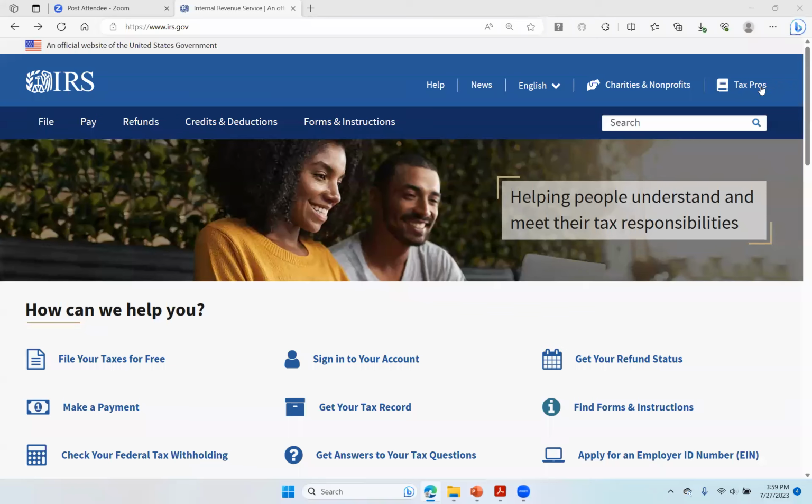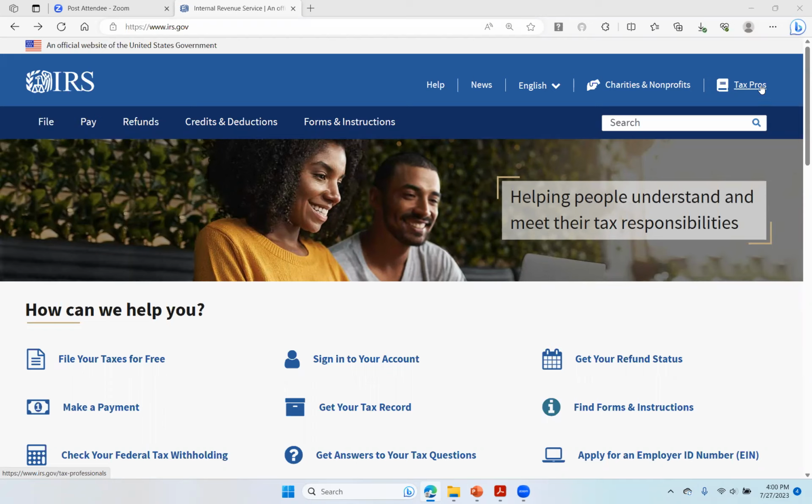So I'm going to demonstrate to you how to get to the instructions for a Form 990 information return, so that if you're looking at an information return and you need help interpreting what the questions are, you can always go to the instructions, because the instructions provide explanations of each and every line of a Form 990 information return.